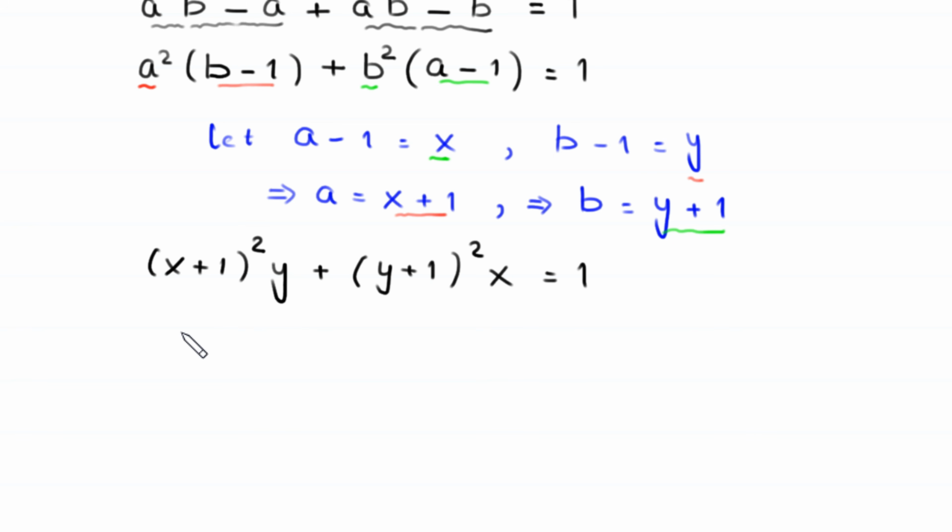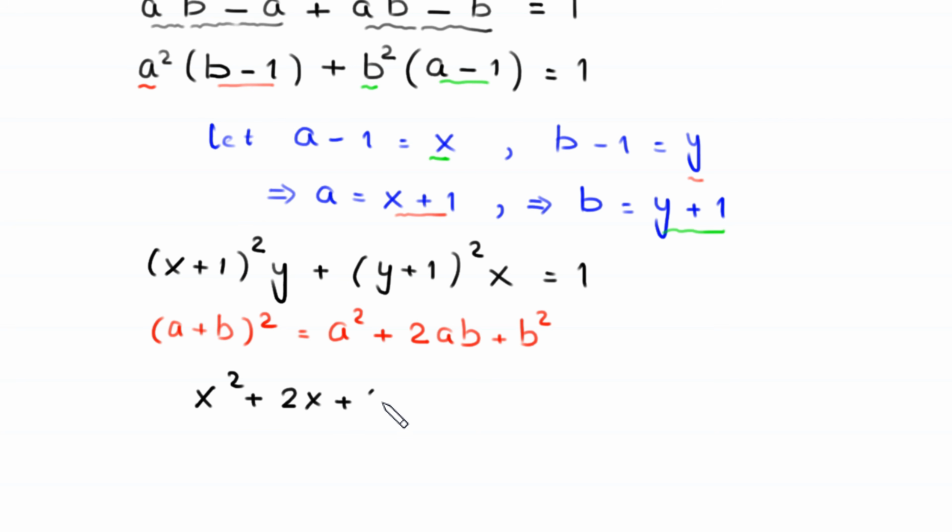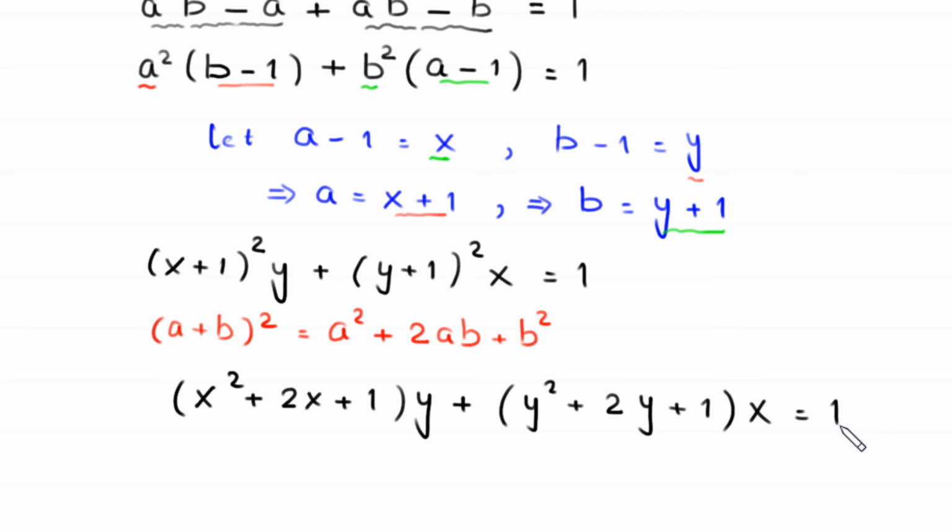By using this algebraic identity, (a plus b) whole squared is equal to a squared plus 2ab plus b squared, this (x plus 1) whole squared will become x squared plus 2 times x plus 1, times y, plus this (y plus 1) whole squared will become y squared plus 2 times y plus 1, times x equal to 1.